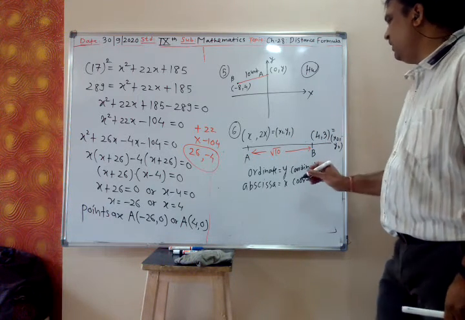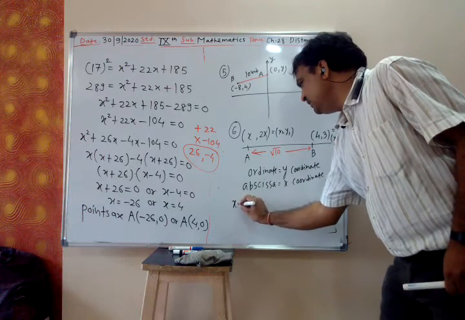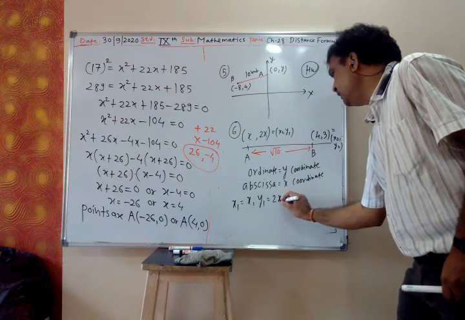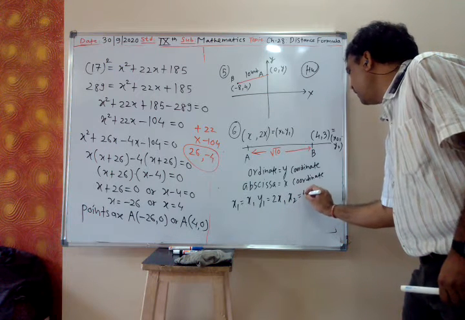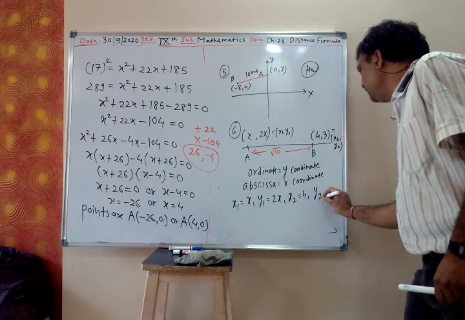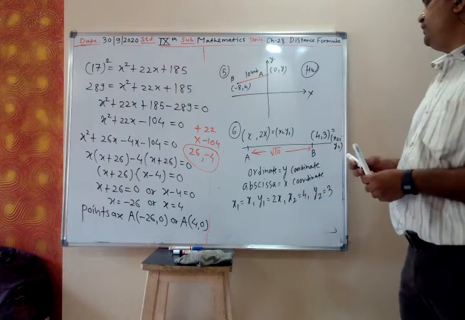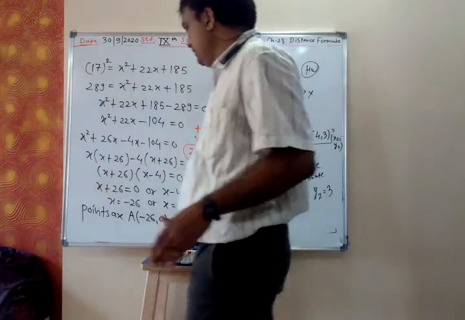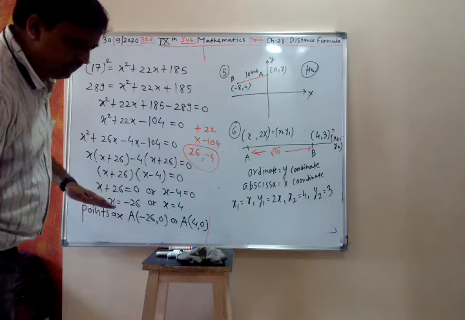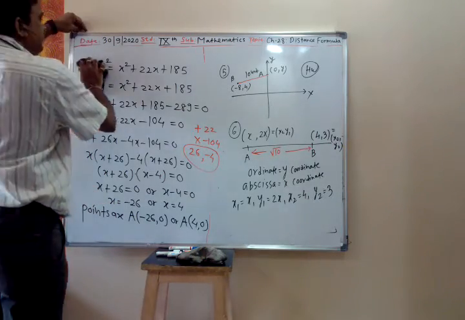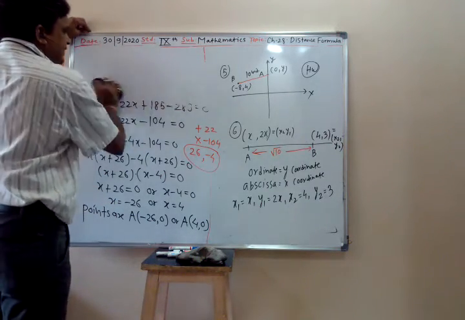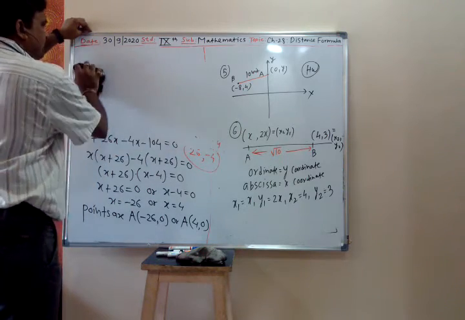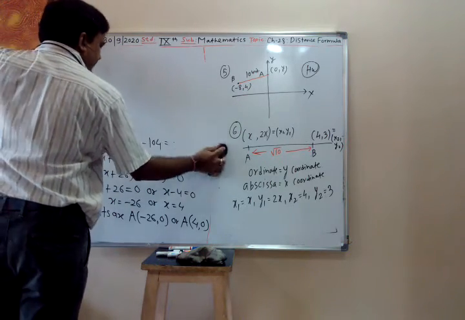So my x1 is x, y1 is 2x, x2 is 4 and y2 is 3. So use the distance formula. No, let me solve it. Ordinate means y coordinate and abscissa means x coordinate.